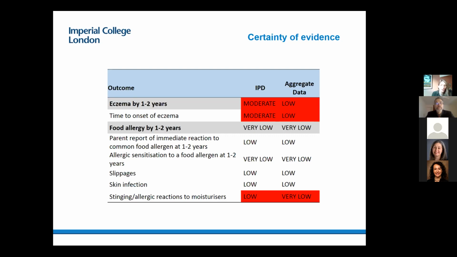So this was due to either more risk of bias without missing data sensitivity analysis, or greater heterogeneity that could not be explained, or decreased precision. So you can see the IPD increased the level of evidence of the review and included the primary eczema outcome at the top there. The level of evidence was low in the aggregate data analysis, but moderate in the IPD.